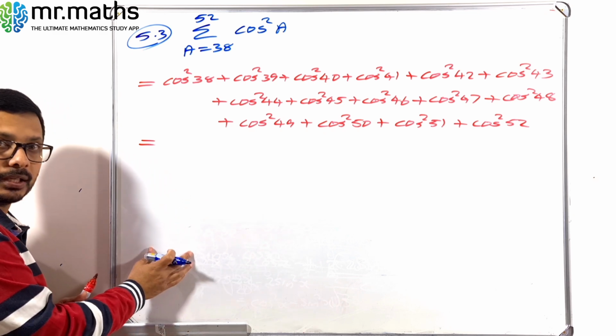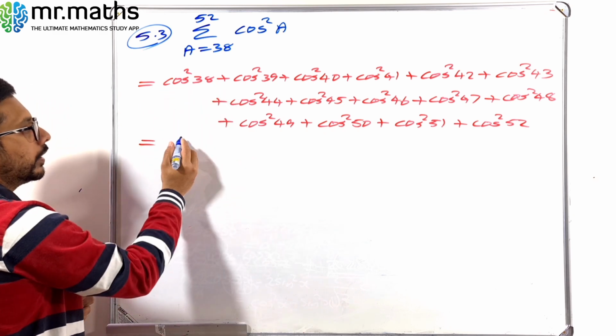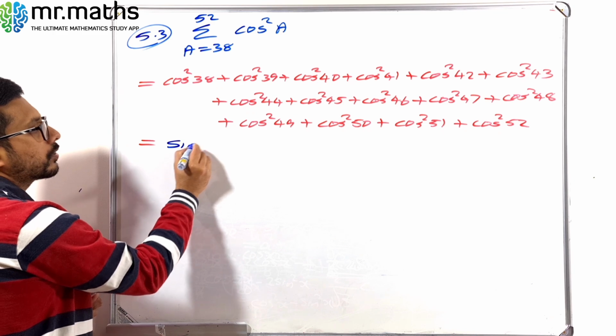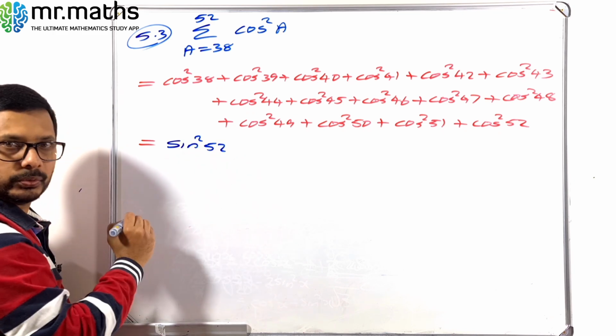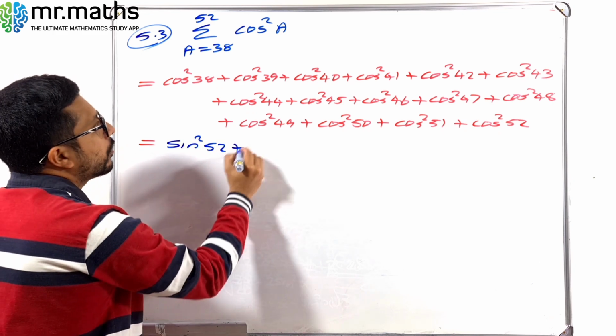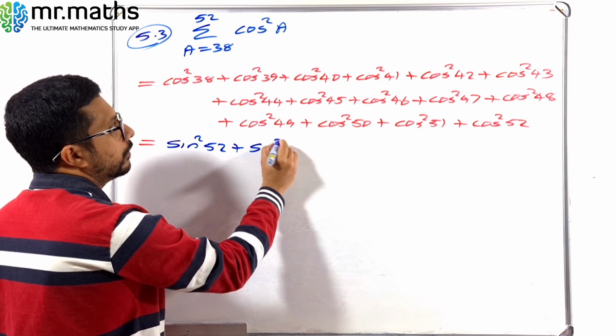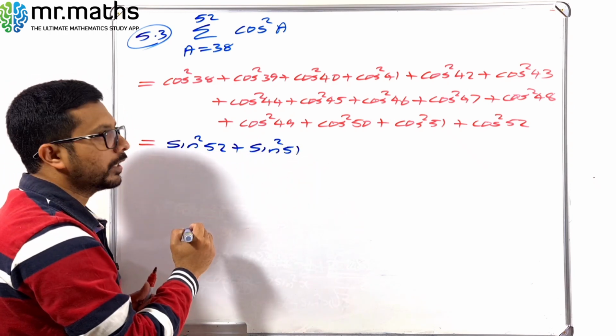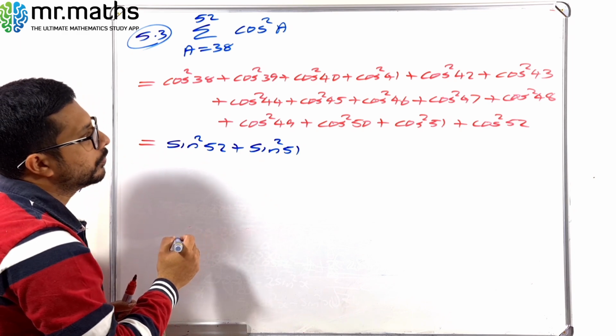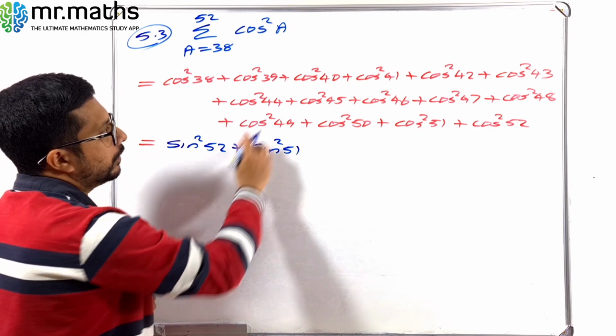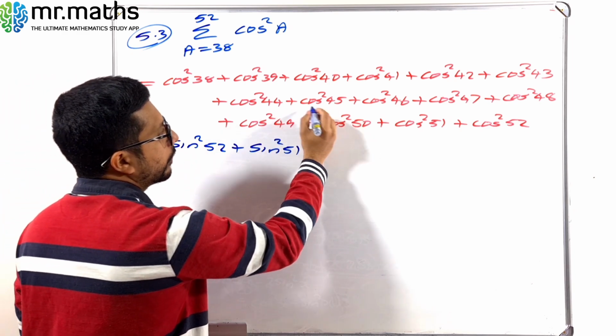That is what I explained before. Then this cos square 39 is the same as sine square 51. Am I right? Then up to where you have to write, I think up to cos square 45.